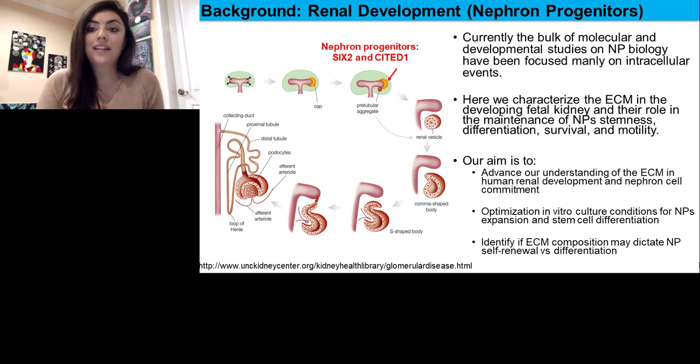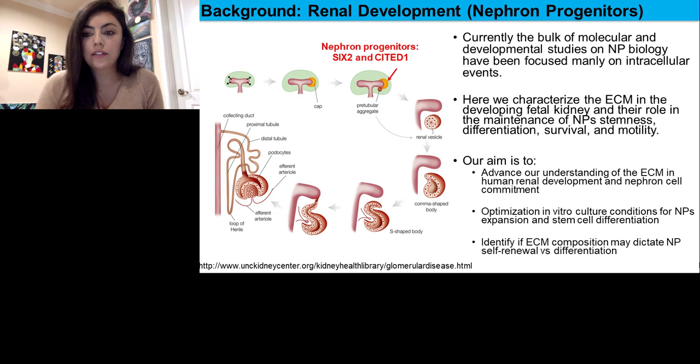And most of the studies done on this progenitor population have been more focused on intracellular events, more molecular studies. What we wanted to do was actually characterize the extracellular matrix and hope to identify ways that the extracellular matrix might promote their stemness rather than their differentiation, and also their motility and survival.